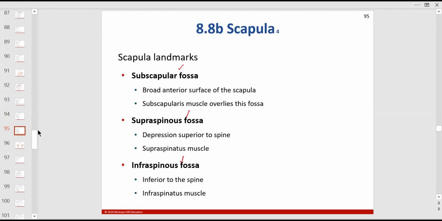And later on, you're going to see that these fossas of the scapula are origins for your rotator cuff muscles, like subscapularis, which remember is anterior scapula. Supraspinous is superior, but you can see it more from the posterior.